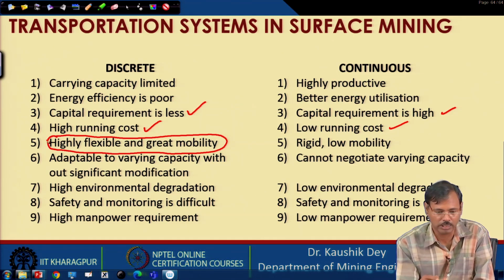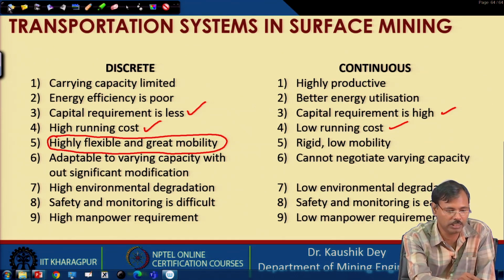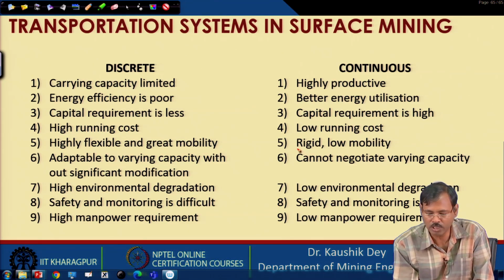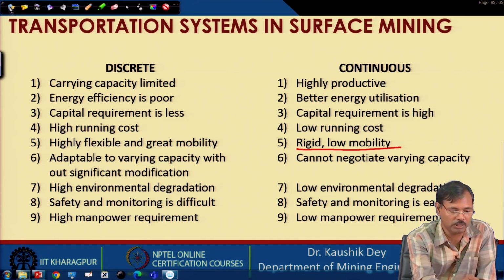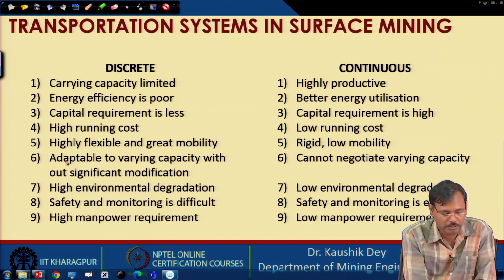All these changes can be immediately negotiated in this case, but in a conveyor system it is not possible. Mobility is very difficult. That is why we discuss the mobile transfer conveyor. All those intermediate systems are required to negotiate this mobility.